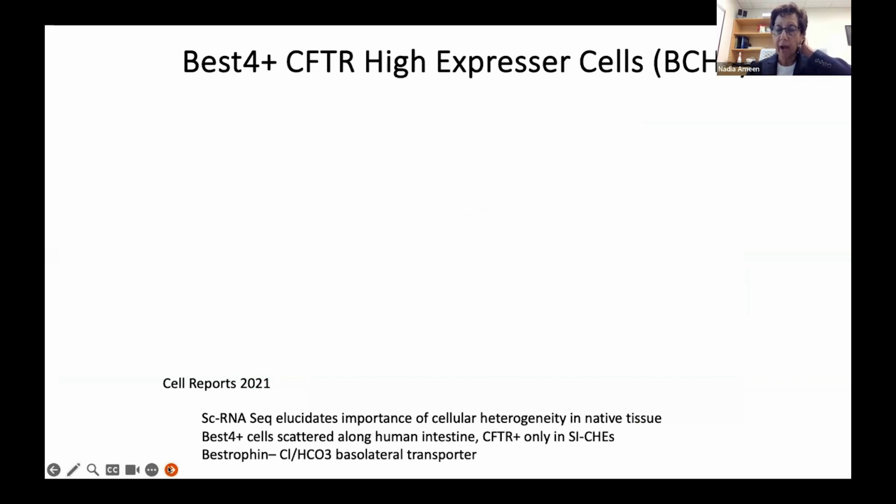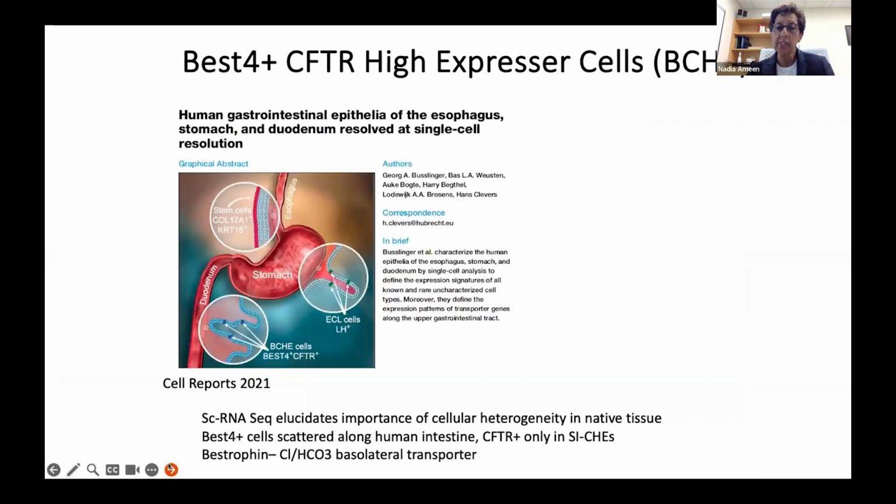So fast forward to 2021, when single cell RNA-seq became available. This was an important technological advance in science that allowed elucidation of individual cellular heterogeneity in the intestine. And Hans Clevers was the first to publish single cell data in the human intestine.